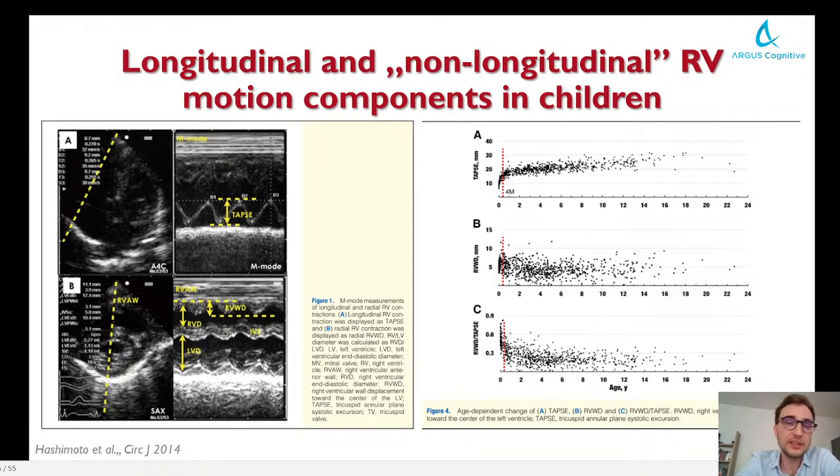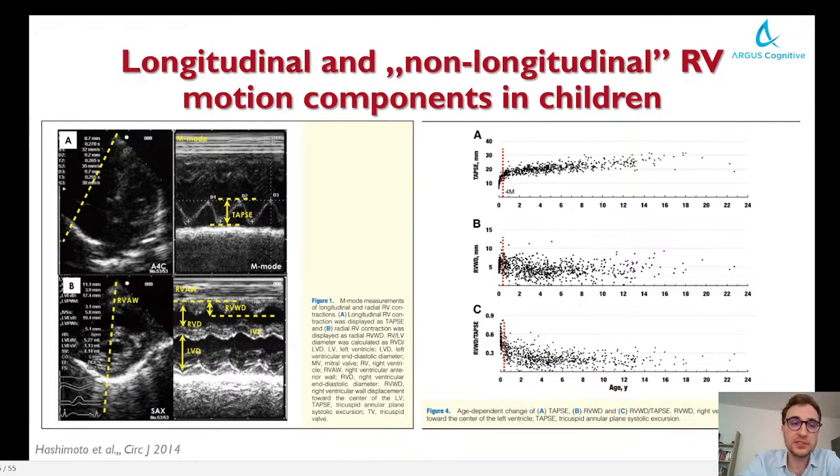Hashimoto and colleagues measured TAPSE and also measured right ventricular free wall inward motion in a large subset of children in different age groups, and they actually reported similar changes regarding TAPSE to the data of Kostenberger and colleagues. And they also measured the right ventricular inward motion, so a more or less measure of this radial, bellows-like motion of the right ventricle.